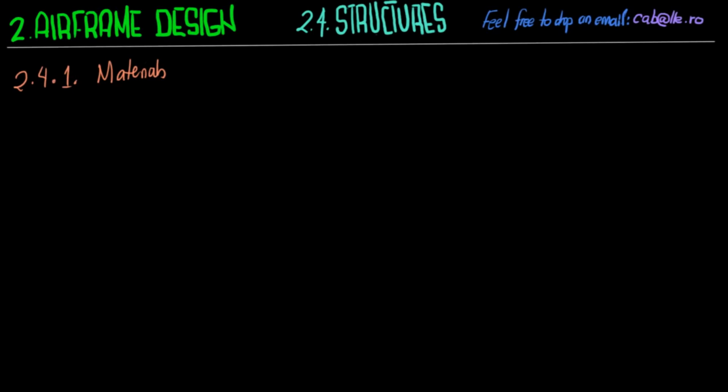Right, the first thing we have to talk about, before looking into the loads and seeing which is the required thickness for each part, I'm going to talk very quickly about the materials we can use.